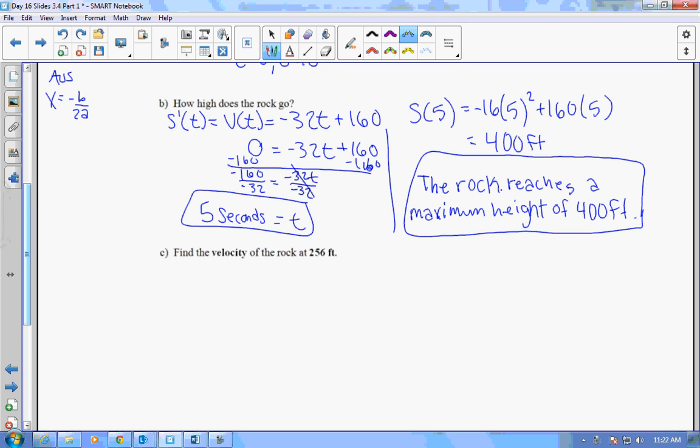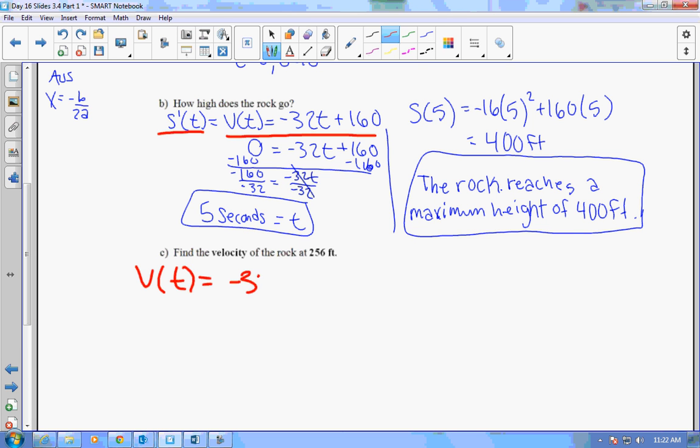What function is the velocity function? F prime. So we found F prime, or S prime. In this case, it's an S function. So there's our velocity function. So if we want to know the velocity of the rock, write this down really quick, at 256 feet, what do we do?